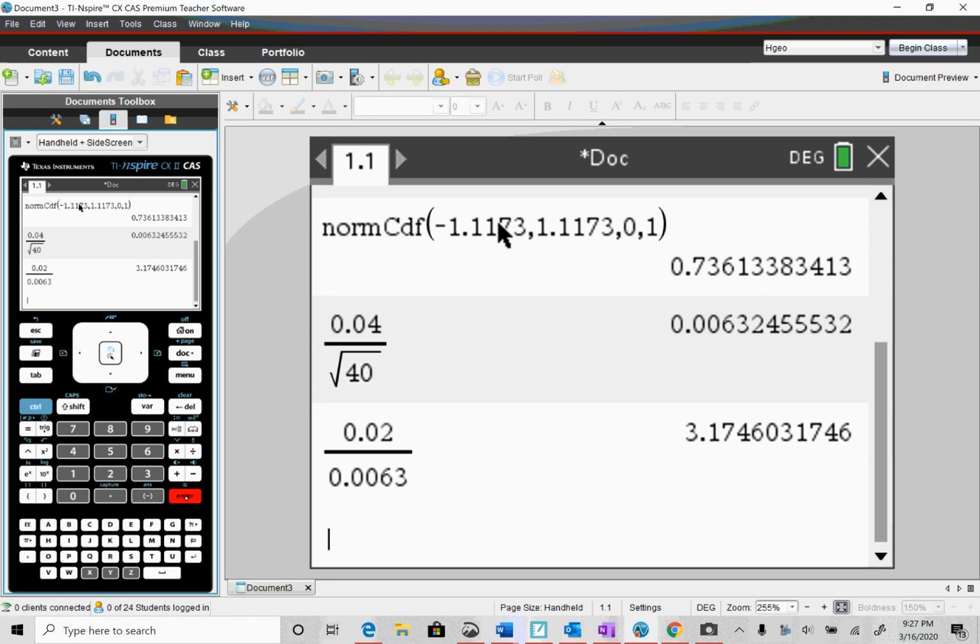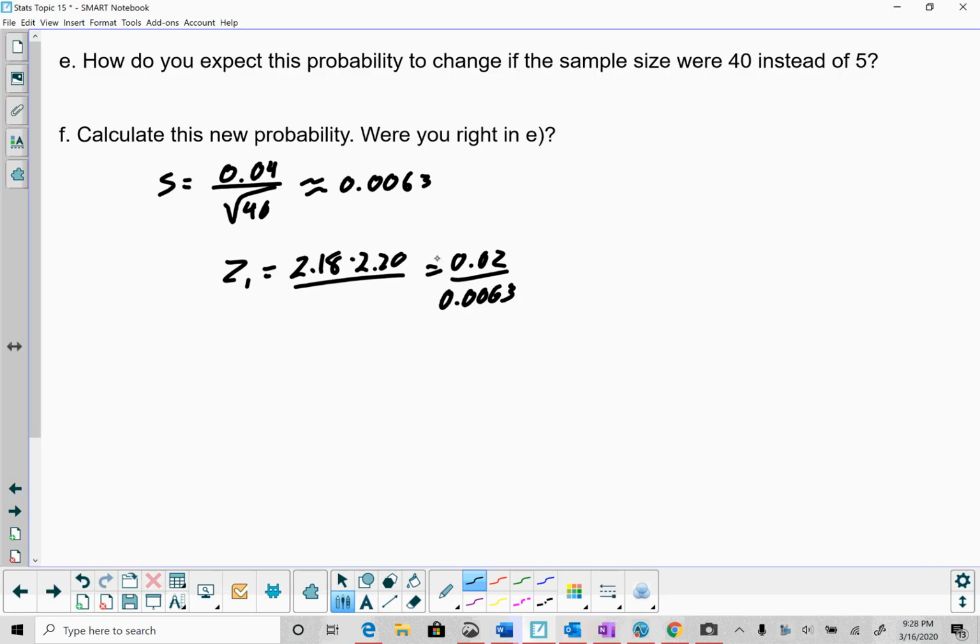Gives us a z-score there. Well, for the lower end, that will be negative. For the upper end, it will be this positive 3.1746. So this one will be negative 3.1746.